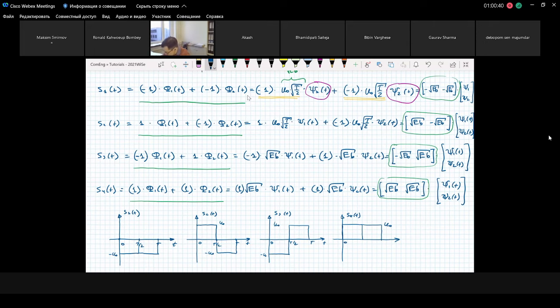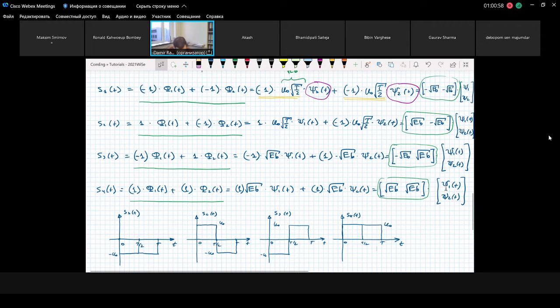This is our last S4 of t. Okay, so now we have all signals, and also we represented in vector form the same signals.